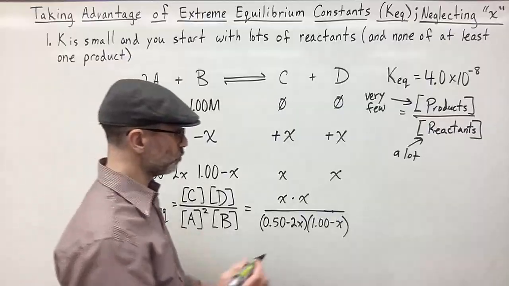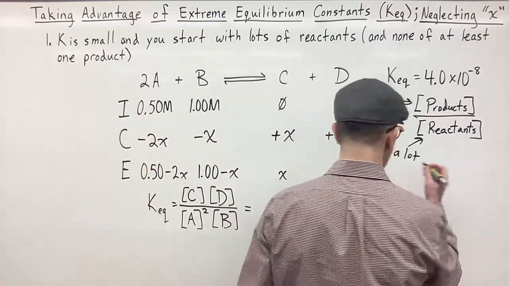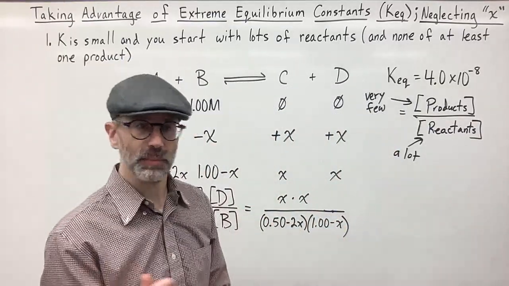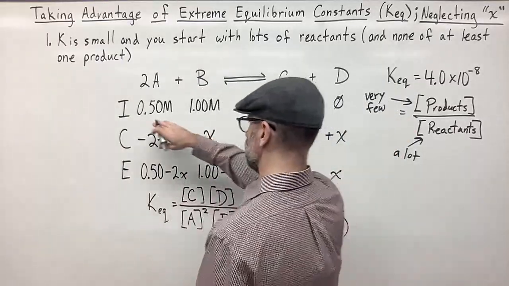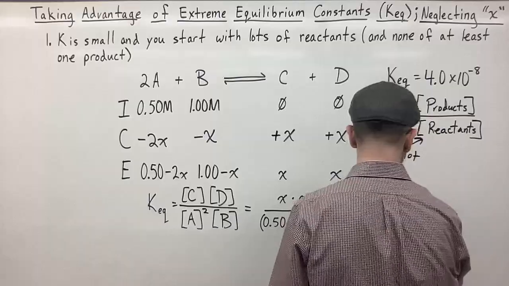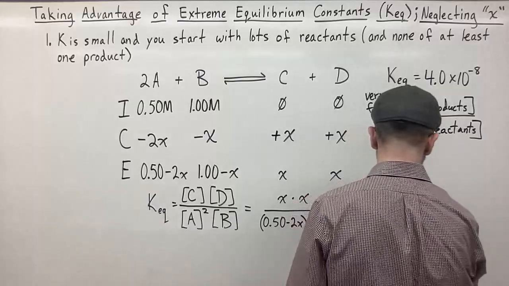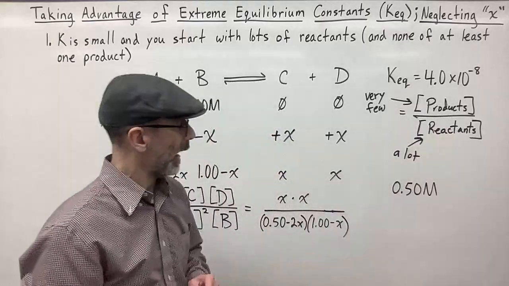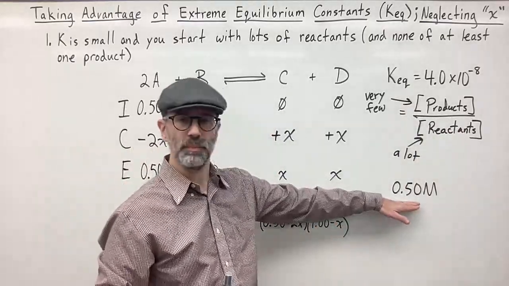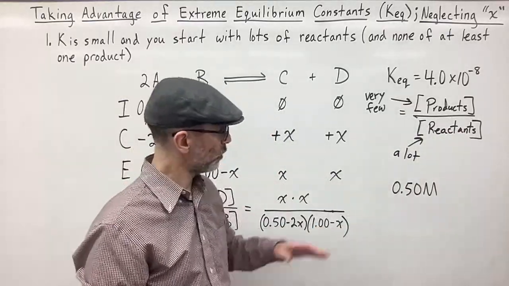Well, let's make up some numbers here. So let's say that we have a concentration like 0.50 molar. Well, what would a small number be with respect to this?